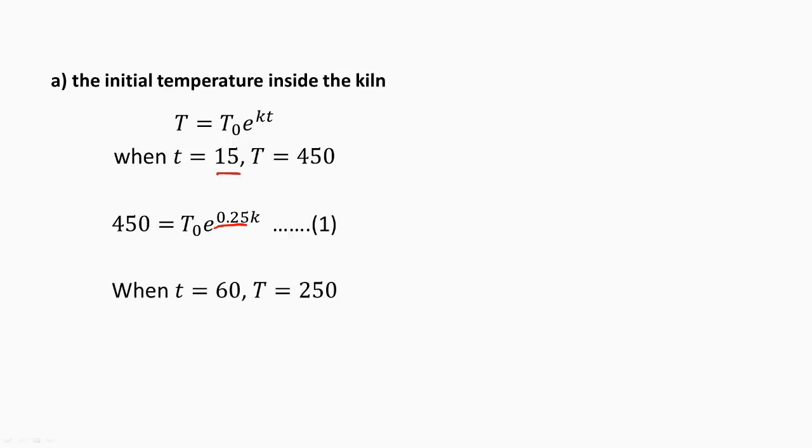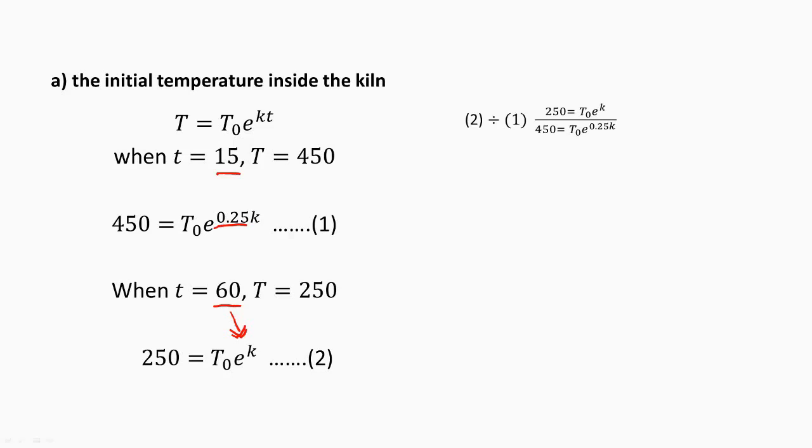When time equals 60 minutes, temperature equals 250. Again, I'm going to convert that: 60 minutes equals 1 hour. So 250 equals the initial temperature, e to the 1k.